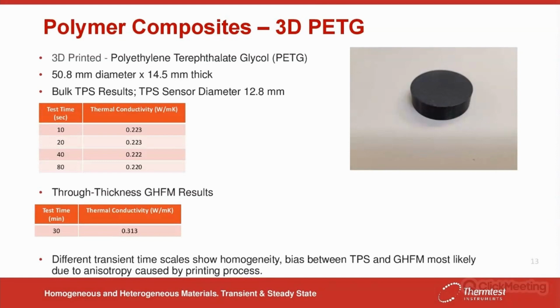And as you're going to see with many of the webinars when we're comparing transient and steady state, we do different time scales on transient, because the typical approach to ultimately measuring the best you can with a transient on heterogeneous materials is to look at longer test times to measure as much of the material as possible.